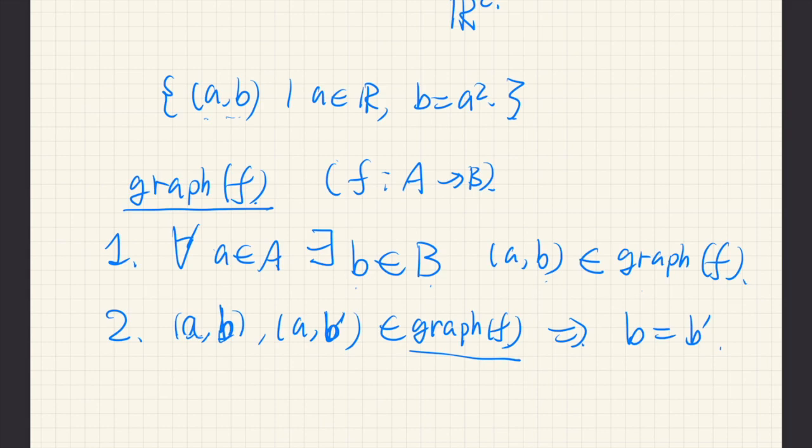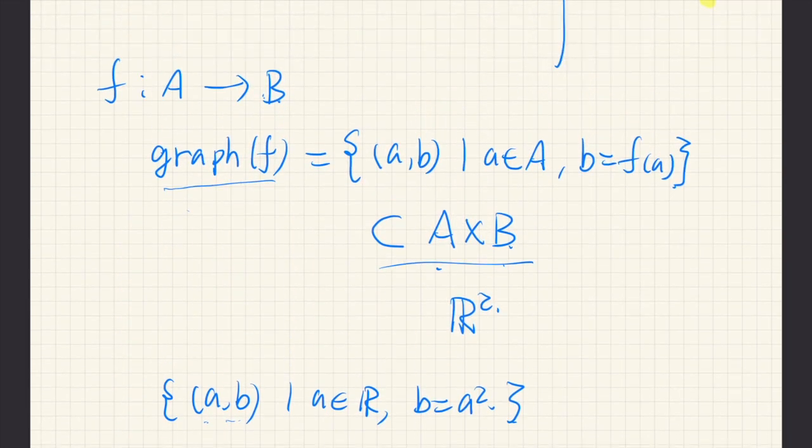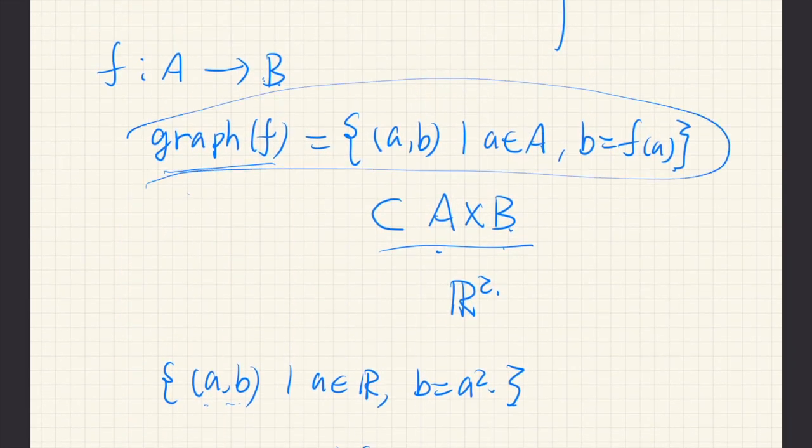If the first elements of the pair are the same, then it is necessarily the case that the second elements are also the same. So that is implied by the definition of the graph.